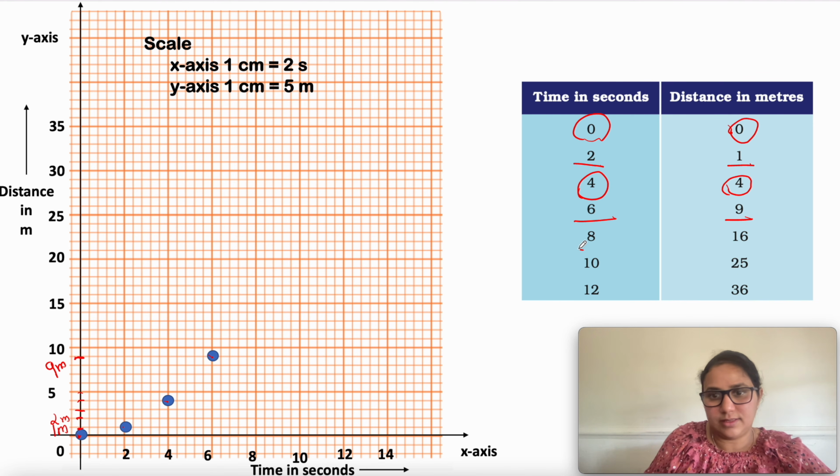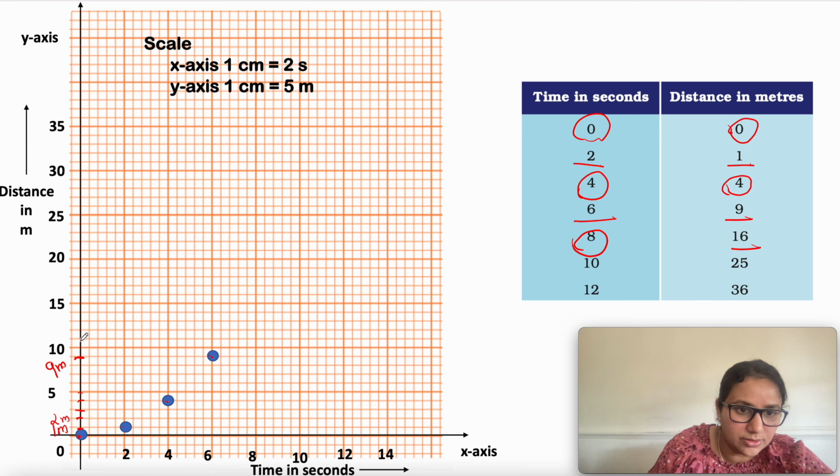Next is 8 seconds, 16 meter. So 8 seconds, 16, so this is 15 now, so this will be your 16 meter and this will be your 8 seconds.